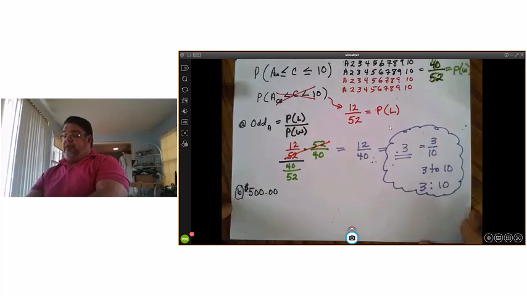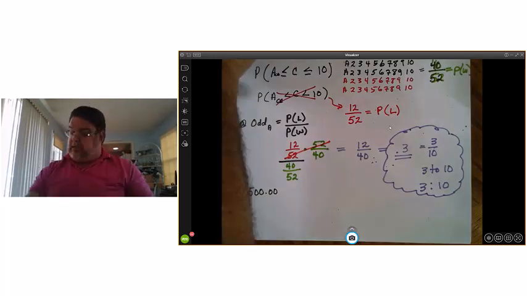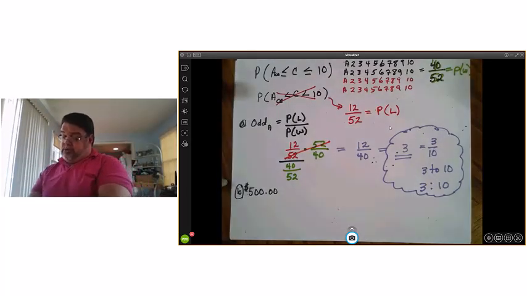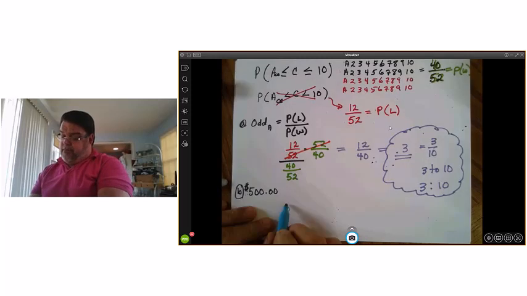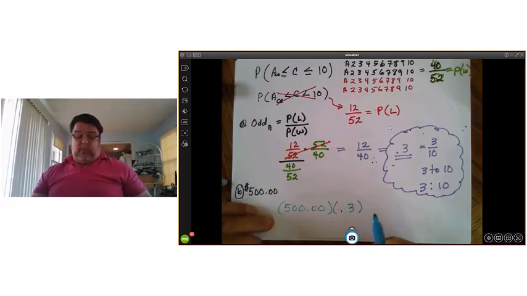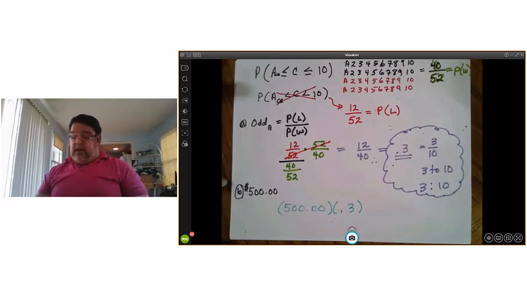So we make a $500 bet and we pick a card. So that would be 500 times 0.3. And we multiply by 500 and we get $150. I've done something wrong.